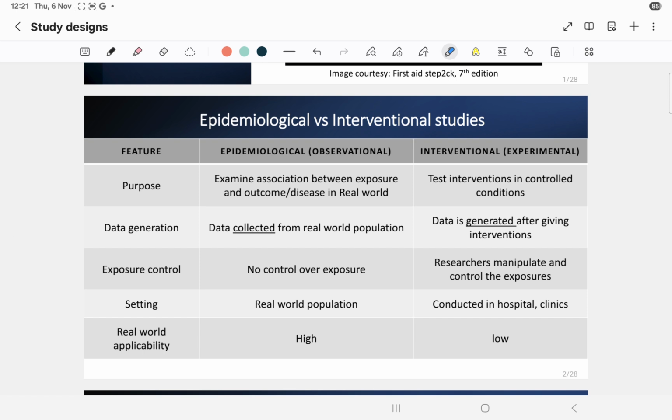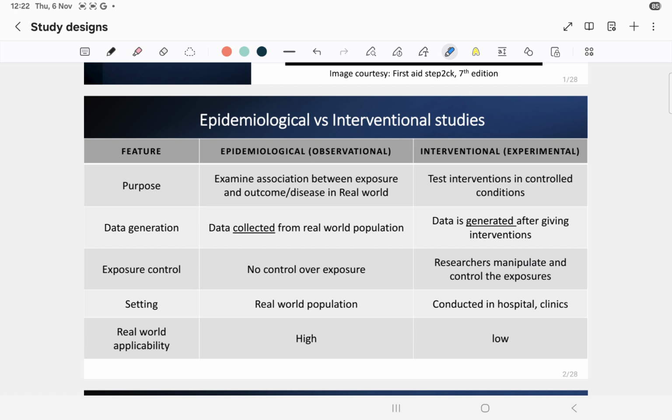Data is collected from real world population in epidemiological studies, also called observational studies, and data is generated after giving interventions in experimental studies, also called interventional studies. If we are conducting the study in the real population, do we have any control over the exposure? No. So there is no control over the exposure in epidemiological or observational studies, but researchers can manipulate the environment and control the exposures in interventional or experimental studies.